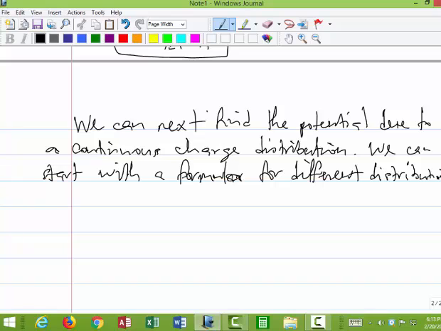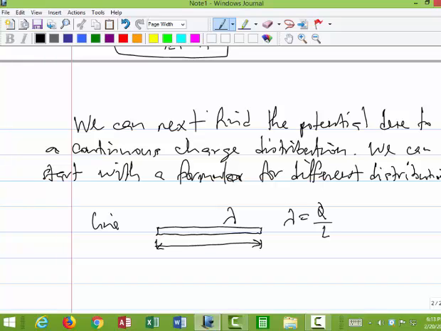Let's say we have a line. If we have a uniform charge density on the line, lambda is equal to total charge Q over L, where L is the length of the line.